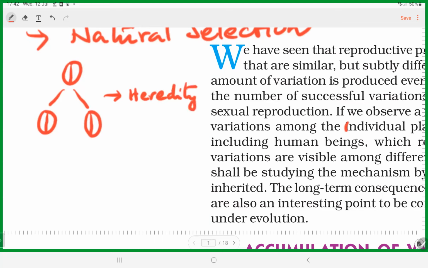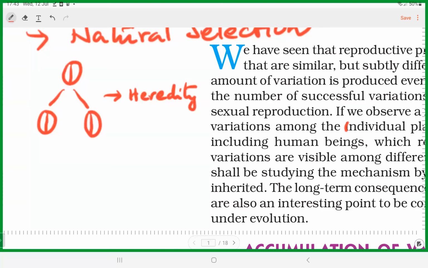Organisms produce progeny of their own kind. Human beings produce human beings. Cat produces kitten. Dog produces puppy. From a mango seed, a mango tree. From a banana tree, another banana tree. This is called heredity.